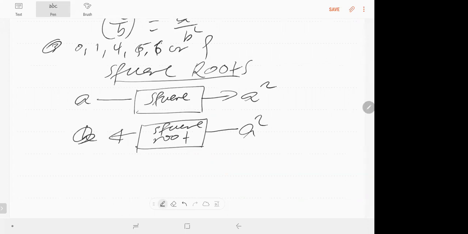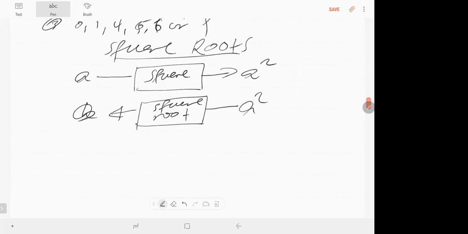So to define a square root, for any rational number a that satisfies the condition a square is equal to b, then we can say a is the square root of b.